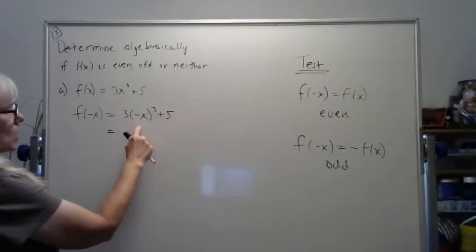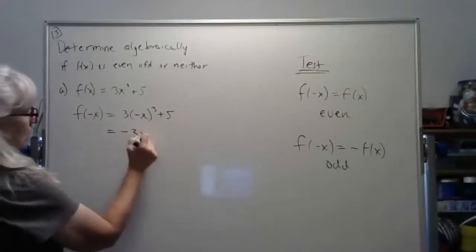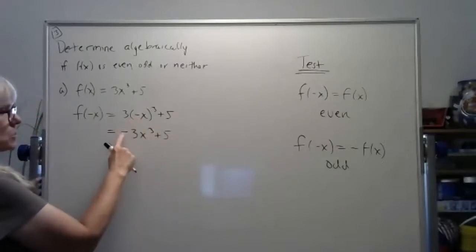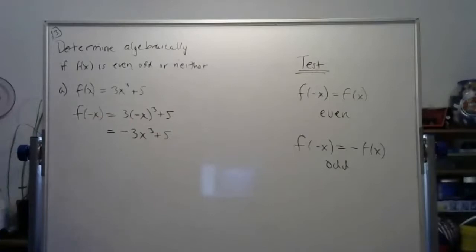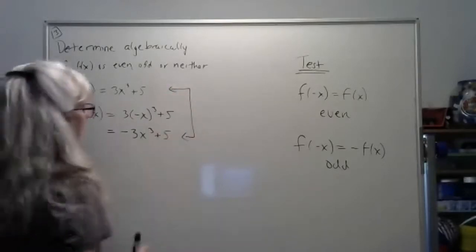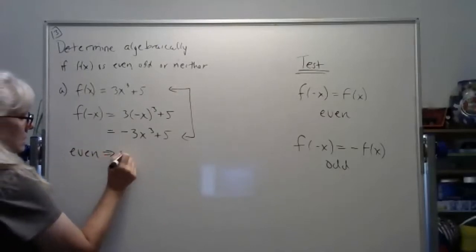You take a negative number and cube it, doesn't it stay negative? So I'm just going to transfer the negative out of the parentheses and move it all the way out front. Okay, so I'm done with the mathematics behind it. Now I need to take a look at what's going on. So in order for this to be even, it would have to be the same. So if it were even, it would be the same as the original.